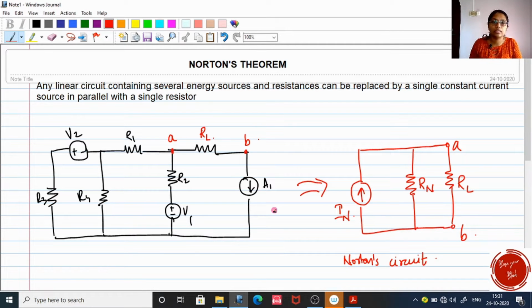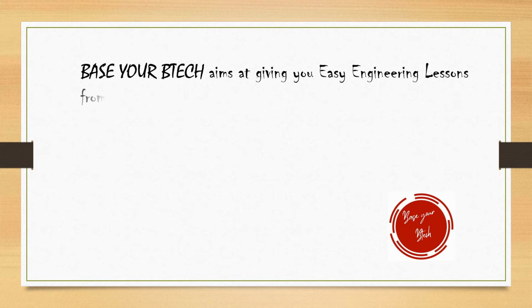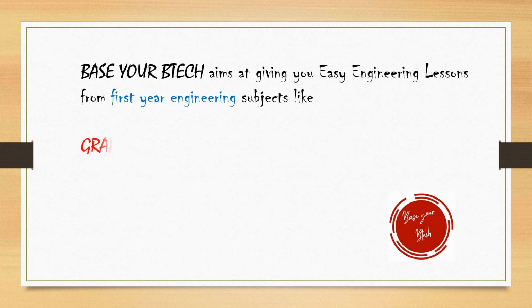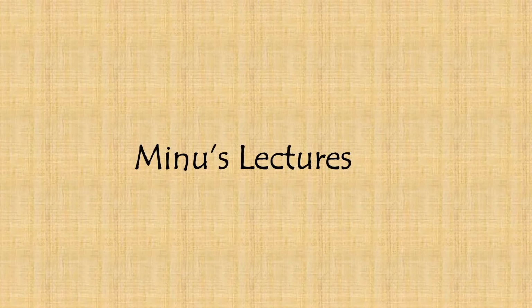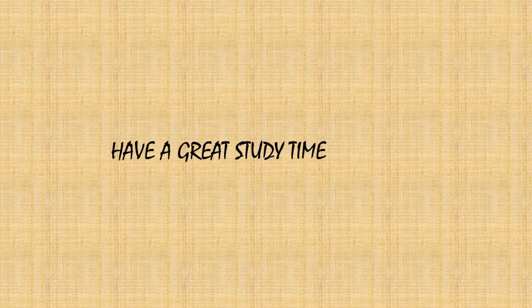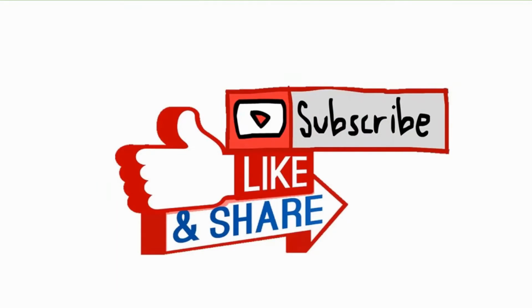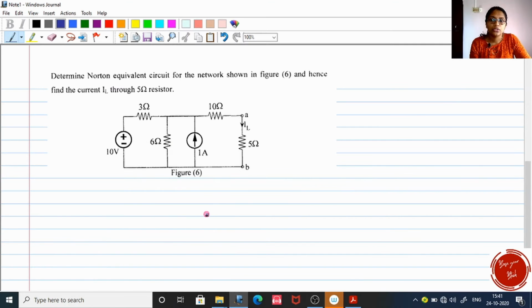Okay, so let's try out some problems. So this is the question, and our task is to reduce this circuit to a current source and a resistor in parallel to it.